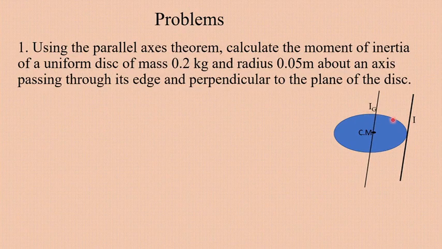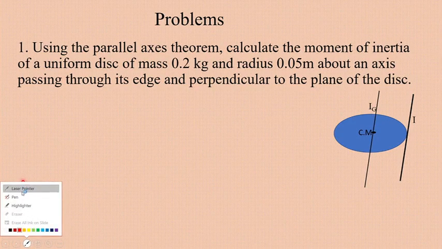For the parallel axis theorem, we have one more axis which is parallel to the required axis and passing through the center of mass. The moment of inertia about that axis can be taken as Ig.